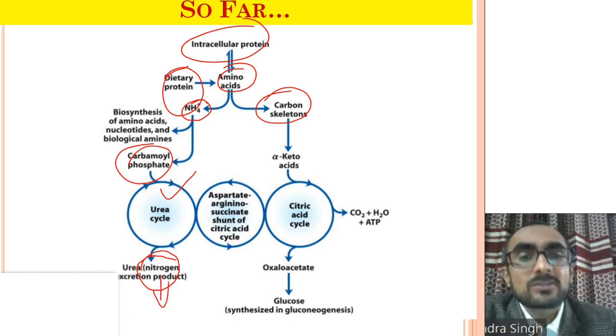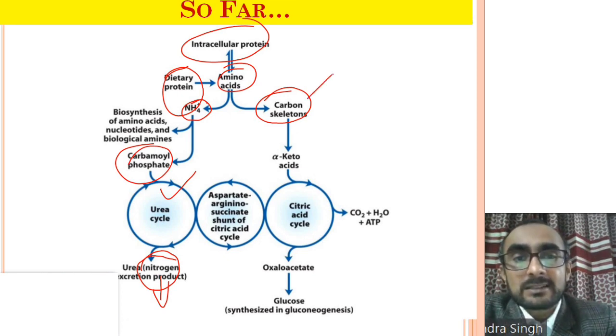In today's lecture we will discuss the fate of this carbon skeleton which is left after the deamination reaction of the amino acid. This carbon skeleton is converted into alpha keto acids.